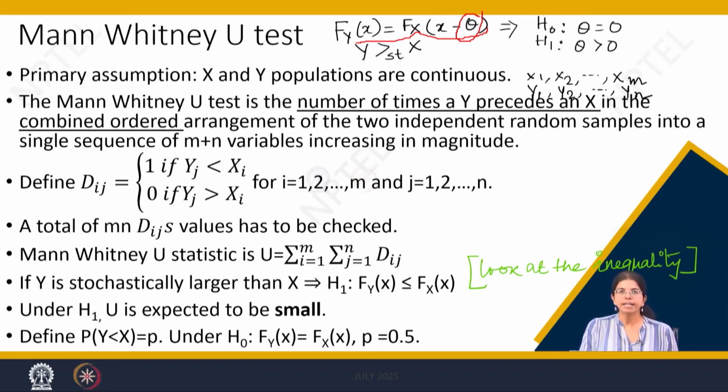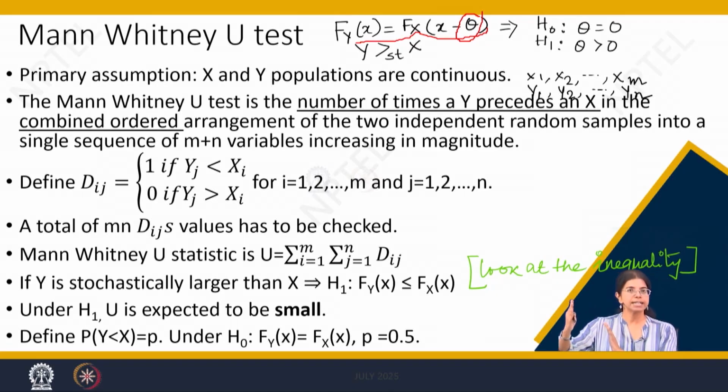The Mann Whitney statistic is the number of times a Y precedes an X in the combined ordered arrangement. So when your alternative hypothesis is that Y is stochastically larger than X, you need to check how many Y's are coming before X, how many Y's are smaller than X, even though we are testing Y stochastically larger than X.